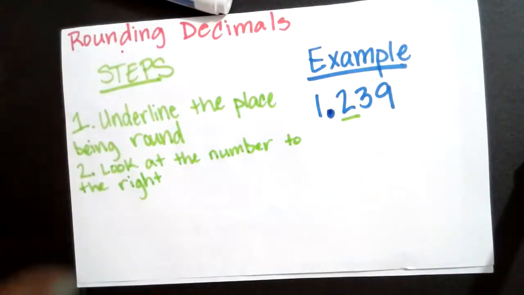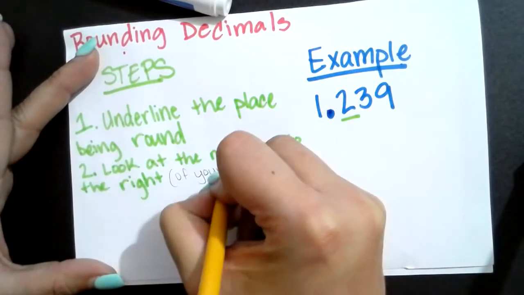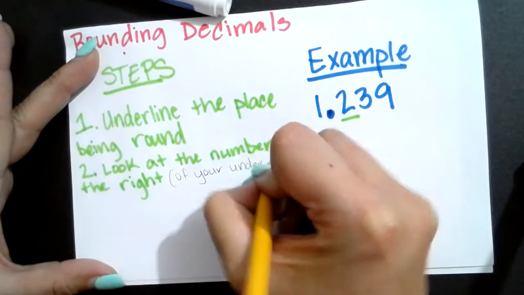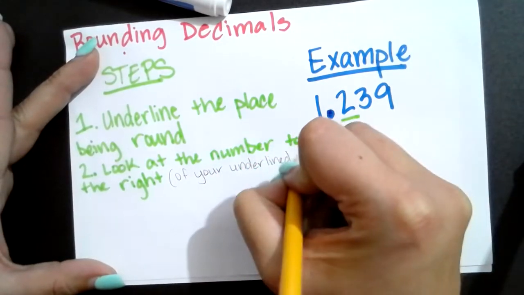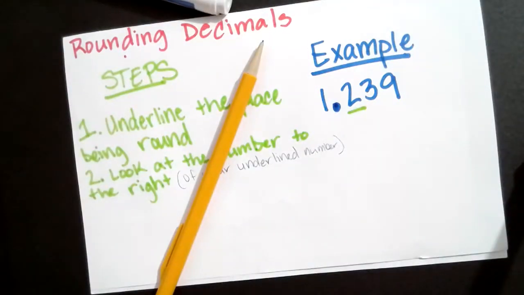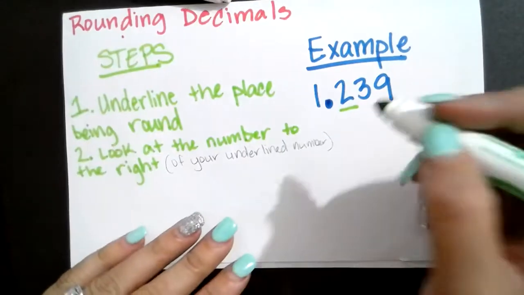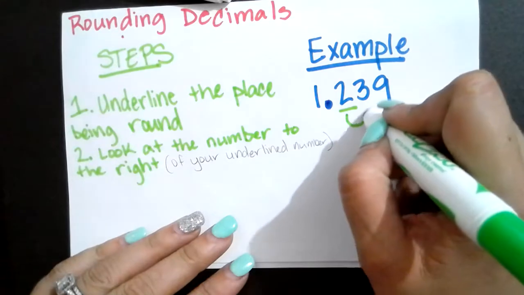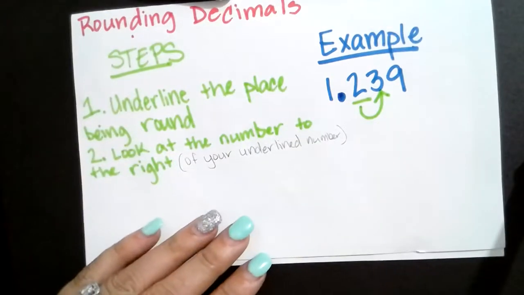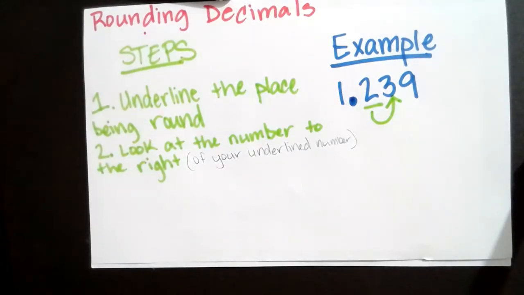I'm going to put that in parentheses. So I've underlined it. Then I'm going to look near it. I'm going to draw that little arrow showing that I looked near it to the right.